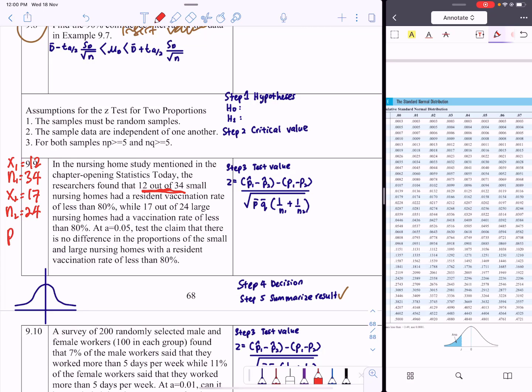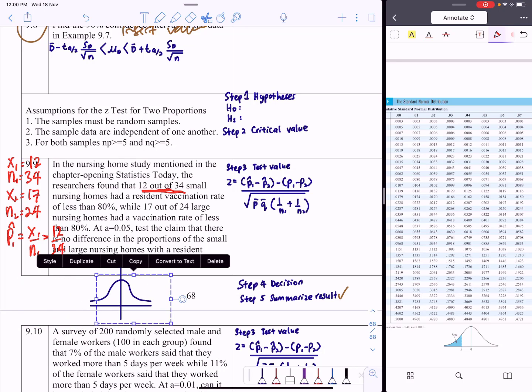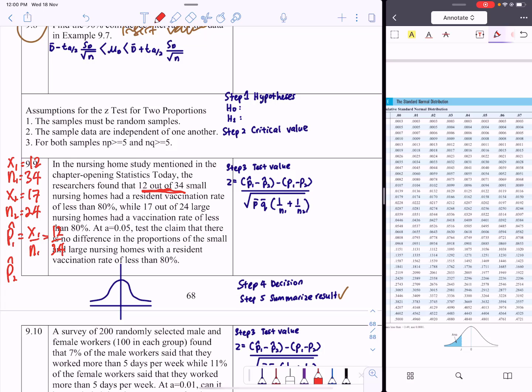And then we have the sample proportion p1 equals x1 over n1, 12 over 34. And then we have p2, because we have two sample proportions here, x2 over n2 equals 17 over 24. We finish that. And then if we look at this, something is quite unusual for us.